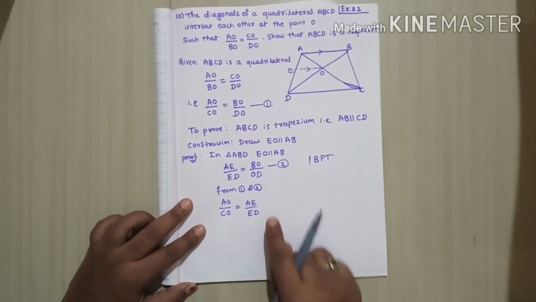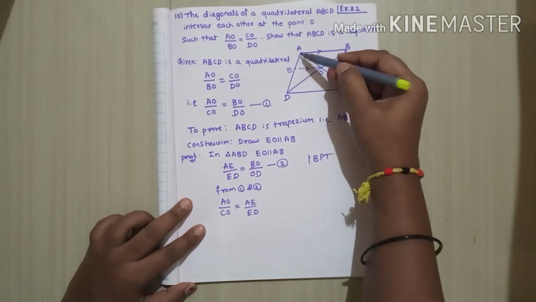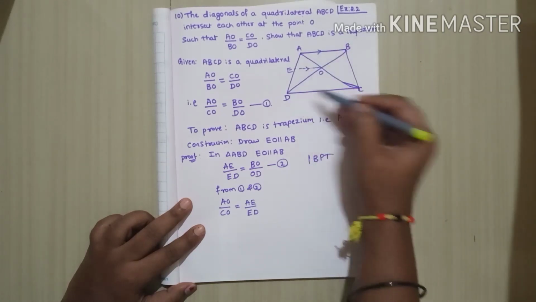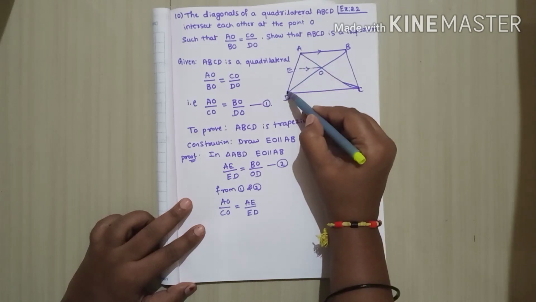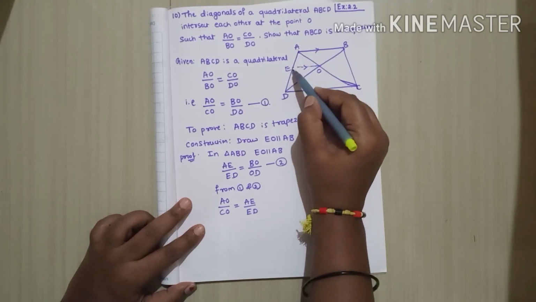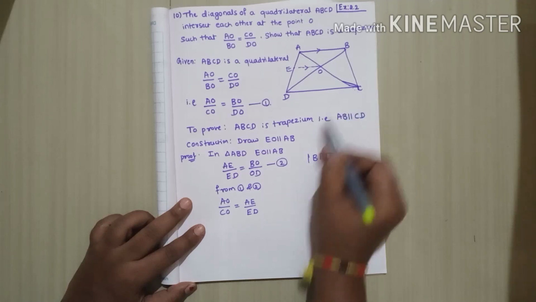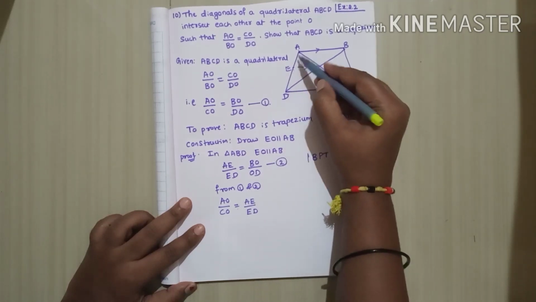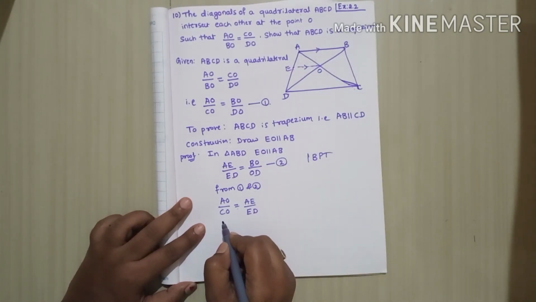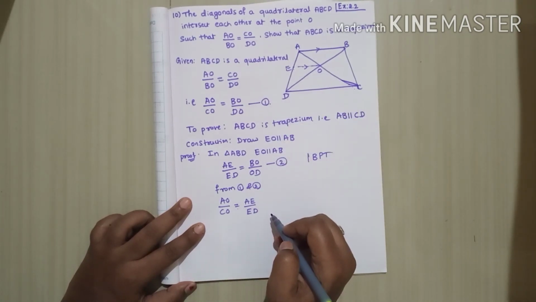Now you observe the diagram and see this ratio. AO, CO. This triangle you just observe: triangle ADC. In this triangle, what first result we got? AO by CO is equal to AE by ED we got. By converse of basic proportionality theorem, we know that any line dividing two sides of a triangle in the same ratio will be parallel to the third side, by converse of Thales theorem.